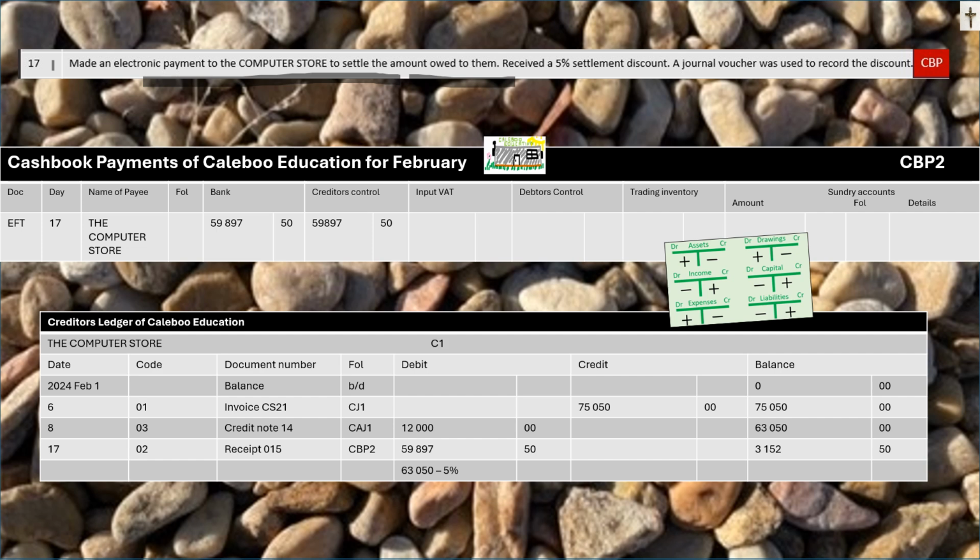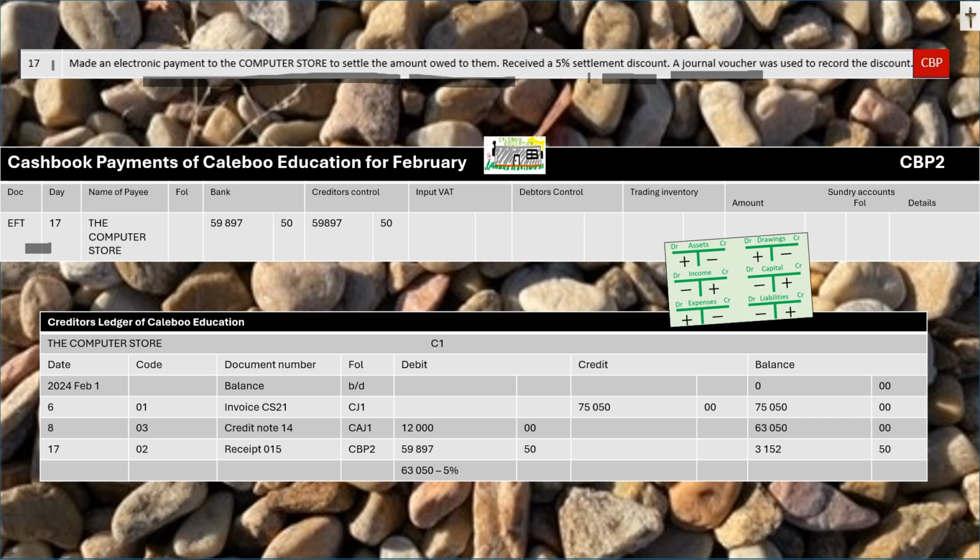We received a 5% settlement discount, and the settlement discount will be recorded in the general journal. So a journal voucher was used to record the discount. But the first thing we need to do is make the payment.